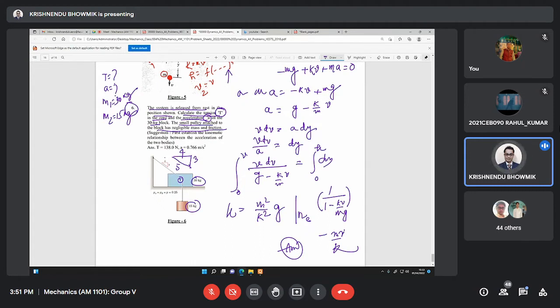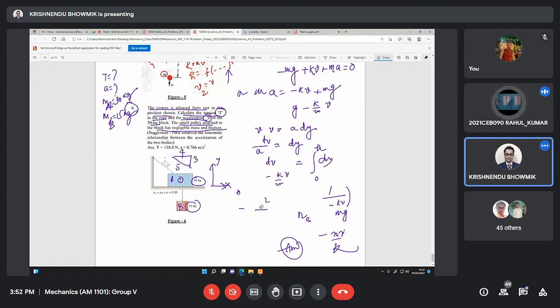Maybe this is B, so it's MB. This is A, MA. So B should move in which direction? If it is X, if it is Y, positive X, positive Y. So which direction should it move? B downwards, sir.